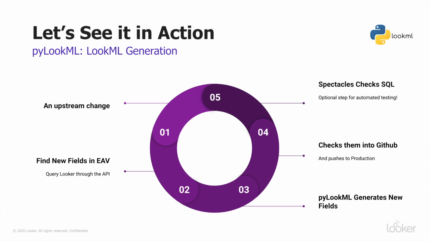That's passed as a Python object to PyLookML, which takes that object and generates new fields. It then checks them into GitHub and pushes to production. And then Spectacles can even check the new fields to make sure that nothing went wrong in the generation.